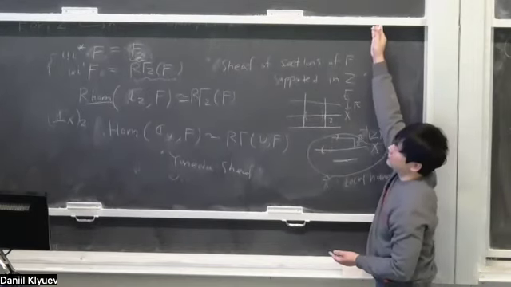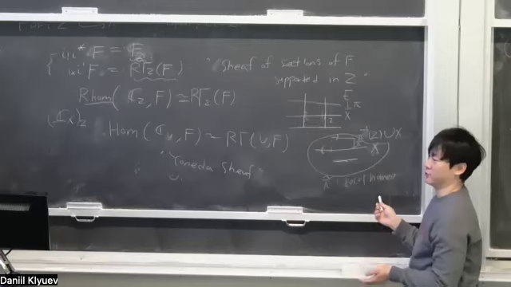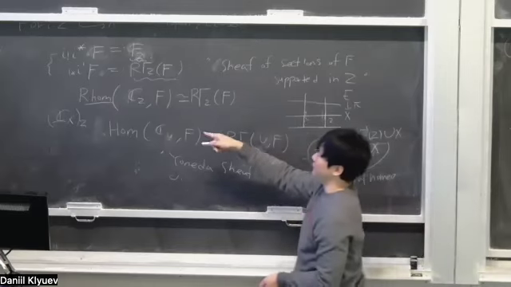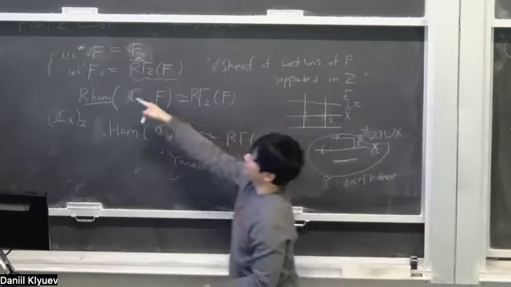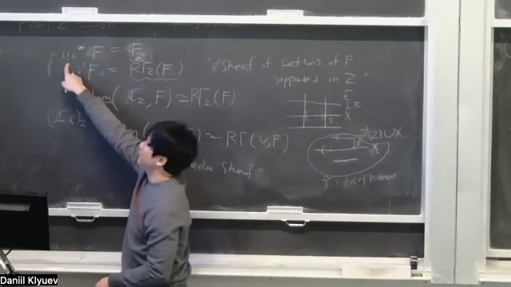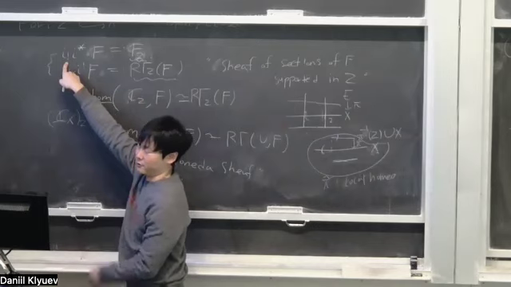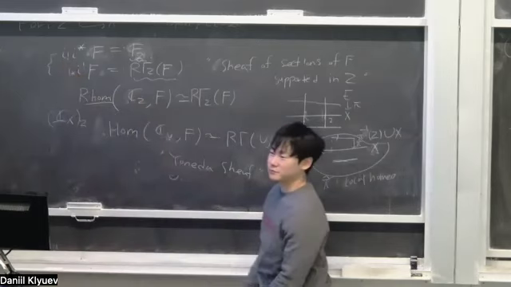Actually, when Z is closed, then we have an easier interpretation of that. This is defined as a lower shriek, and that lower shriek gets along with the global section functor only if it's proper.